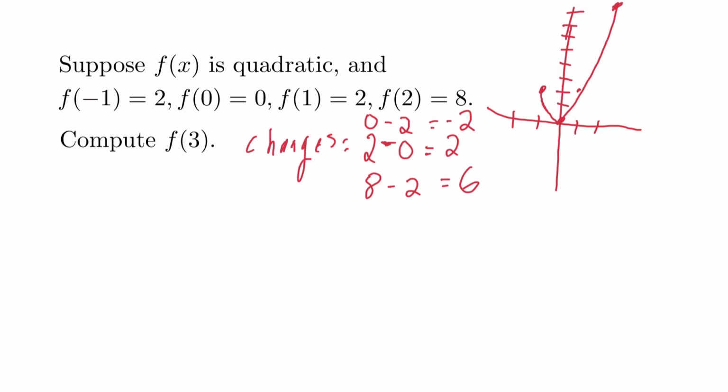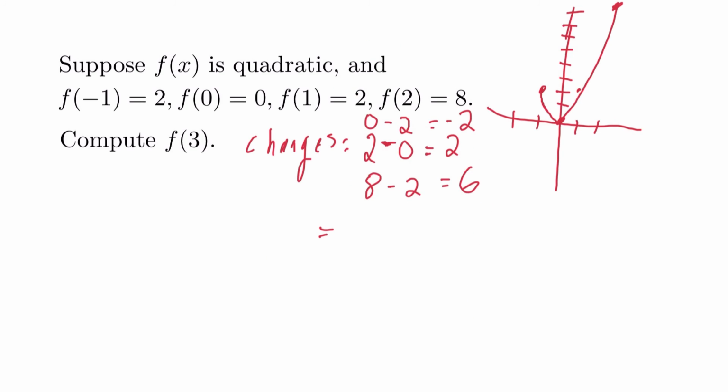So I have a line whose values at minus 1, 0, and 1, respectively, are minus 2, 2, and 6. So what's the slope of this line? The slope of this line is 4. Okay? So what this tells me is that f of 3 minus f of 2 is going to be whatever 6 is plus 4, so that's equal to 10.